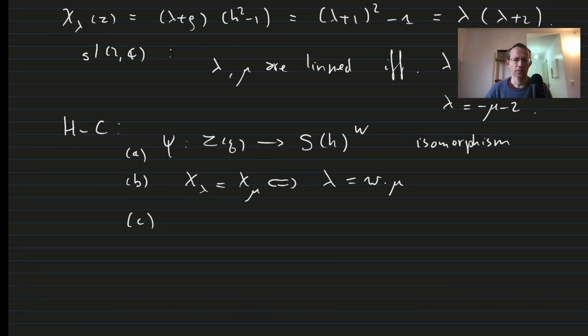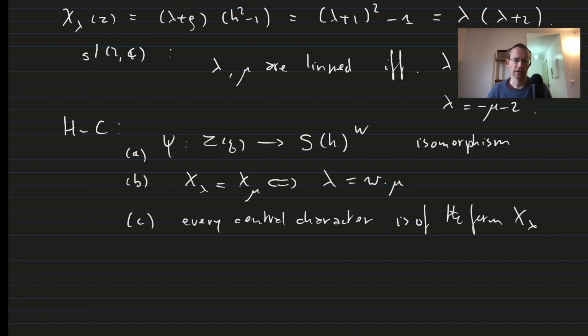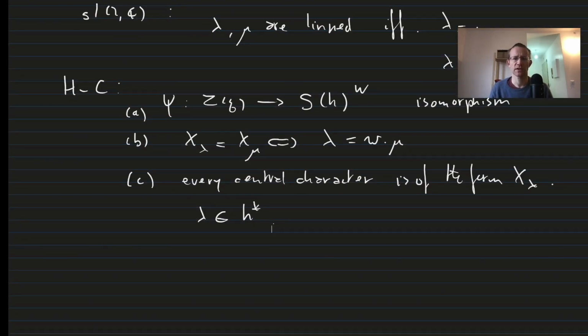And the third property is that every central character is of the form chi lambda. So every maximal ideal is of the form chi lambda, where lambda is some highest weight. So these properties of weights and of highest weight representations are a first step in understanding the category of all modules, of all representations with a highest weight structure for semi-simple Lie algebras G.